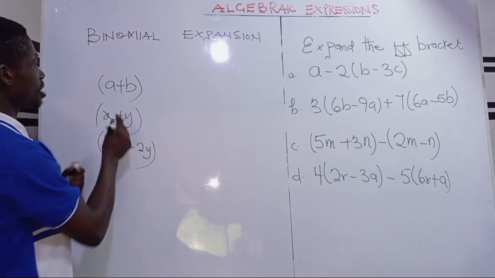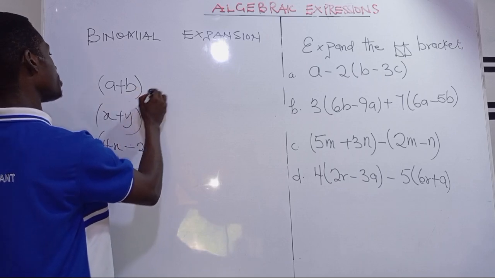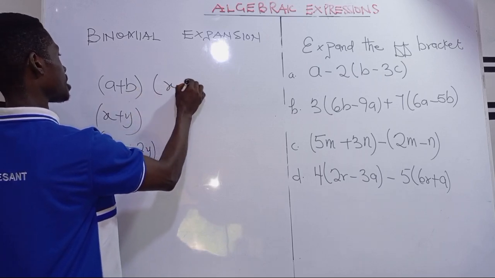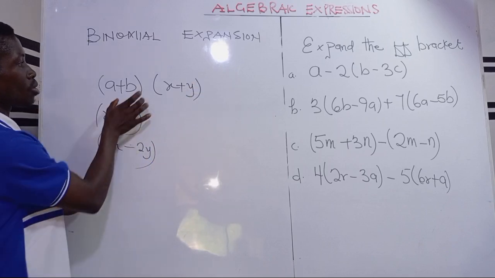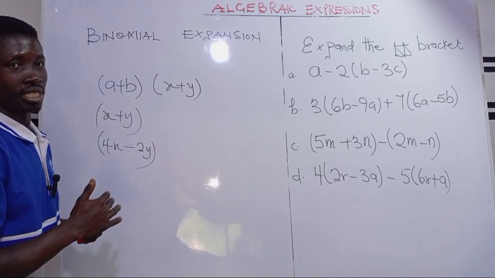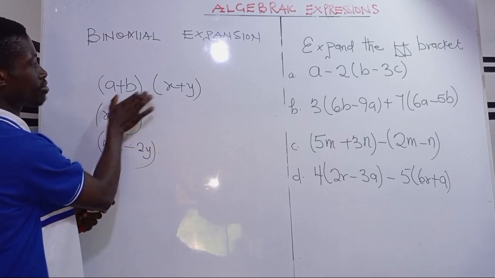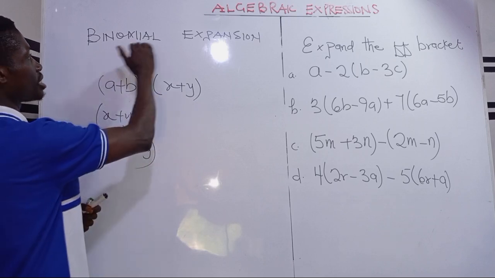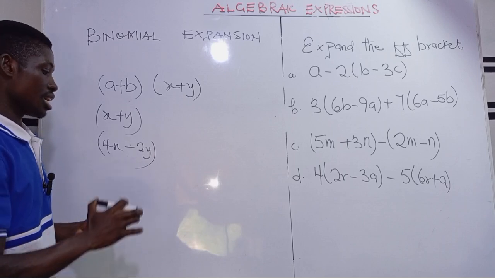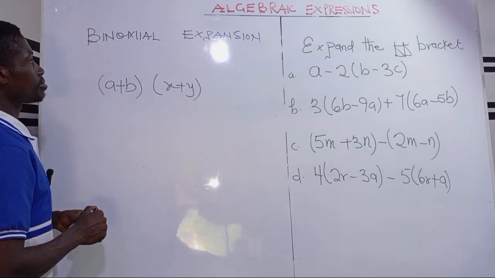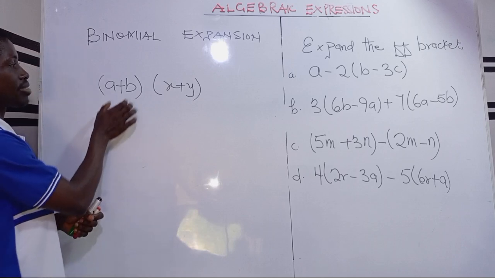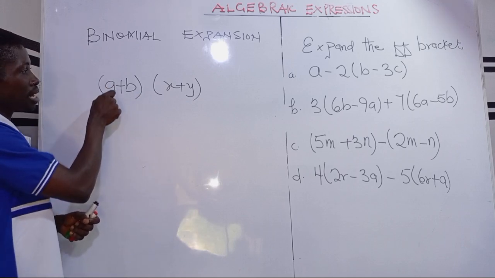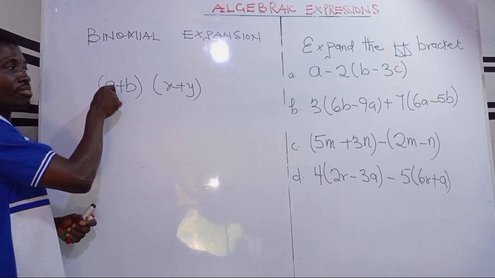So when you have, let's say, a plus b multiplying x plus y, this is called binomial expansion. So the art of removing the brackets from these two binomials is what we term as what? Binomial expansion. Now in binomial expansion, what we are going to do is that we are going to disintegrate the first bracket and we multiply each term within the first bracket.